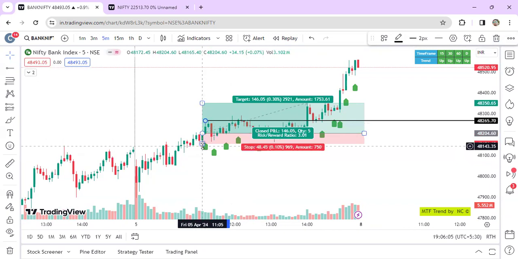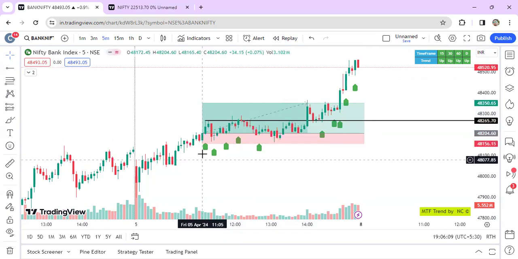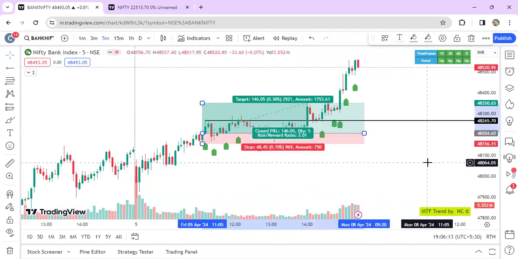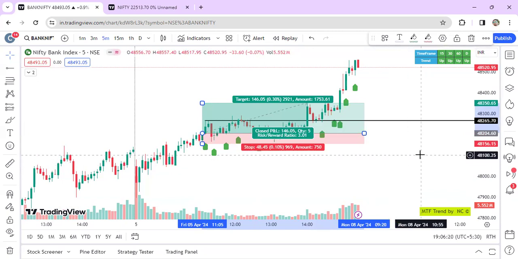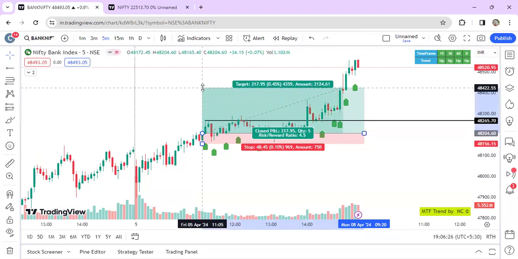But our SL should be this candle's low minus 20 points. So my SL is 48,156, my entry is 48,265, and my target should be at least 1:1.5 or 1:2.